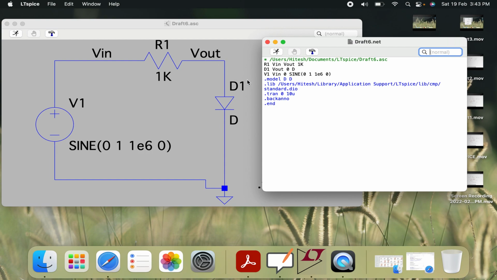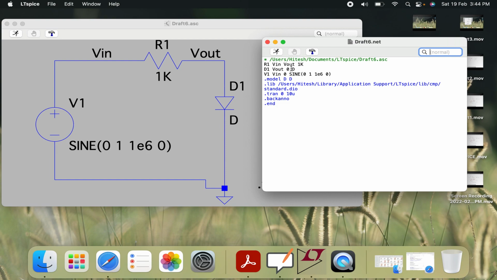D1 is between V out and 0. Look at this, this is 0 and its name is D, right? Similar to that, there is one voltage source whose name is V1, which is between V in and 0, and that is defined by sine, whose DC offset is 0, amplitude is 1, frequency is 1 mega, and 0 delay.